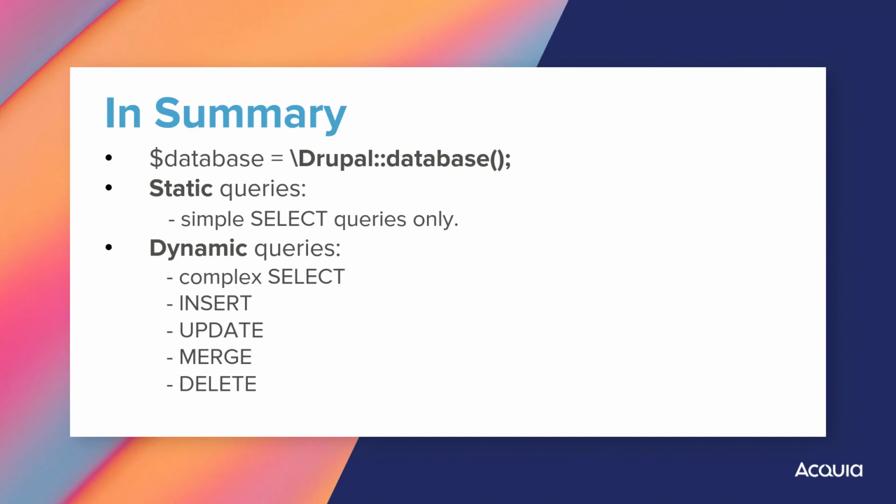The key takeaways are that there are two types of database queries: static queries and dynamic queries. Static queries should only be used for simple select queries, and dynamic queries should be used for everything else, including insert, merge, update, and delete queries. Never use the native PHP database functions to query the database when working with Drupal.